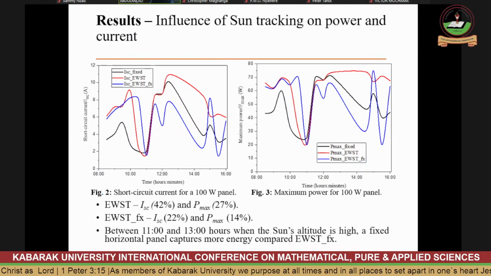And also, between 11 and 13, we can see from figures 2 and 3 that the fixed panel harvests more energy compared to the fixed angle east-west tracking. But for the east-west solar tracker, the improvement is higher throughout the day.